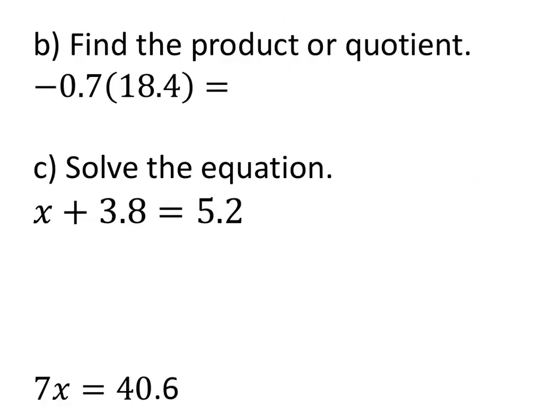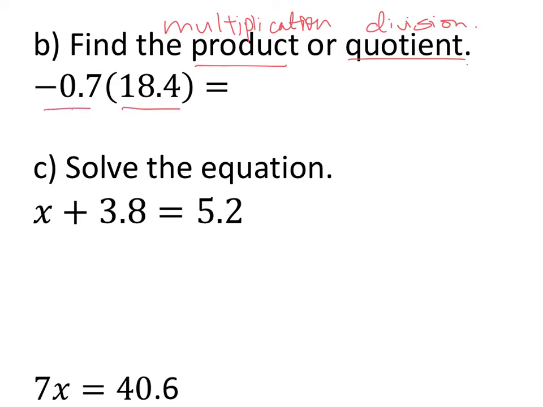Part B, find a product or quotient. Remember, product means multiplication. Quotient means division. So we can take 0.7, negative 0.7, and multiply that by 18.4.